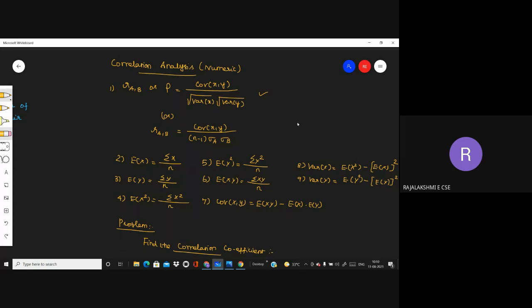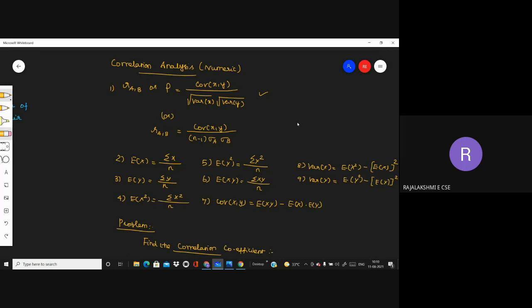This is given as covariance of x comma y divided by root of variance of x into root of variance of y. Or else this can also be given as R of a comma b is equal to covariance of x y divided by n minus 1 into sigma a into sigma b. What is sigma a and sigma b? Yes, standard deviation.